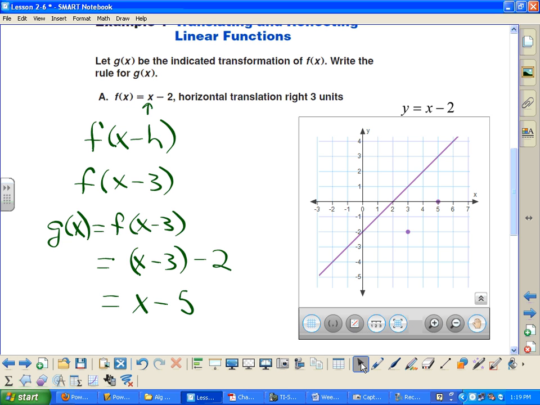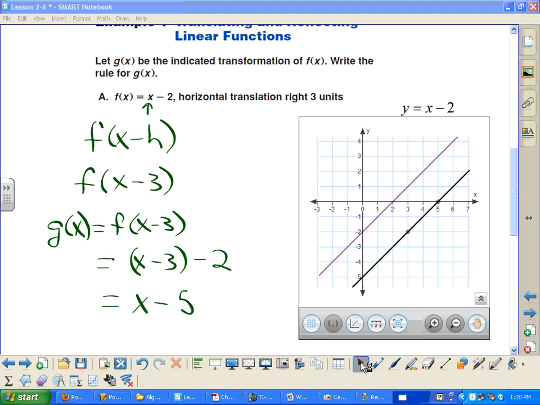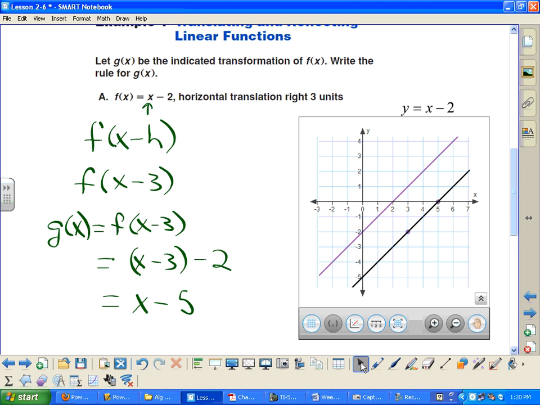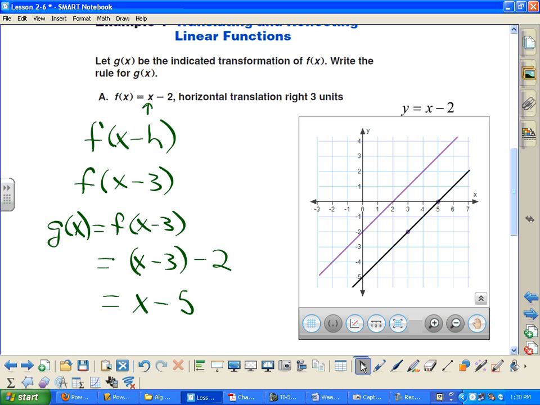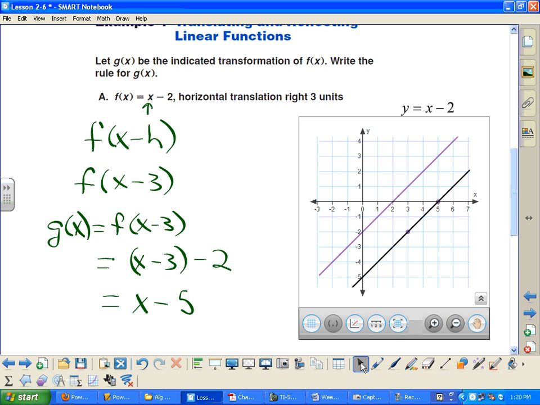If I draw the line through them, what do you notice about those two lines? They're parallel, so they have the same slope. The slope was 1x for our original line, so it's still 1x, and our y-intercept is at negative 5. And there's our transformation.